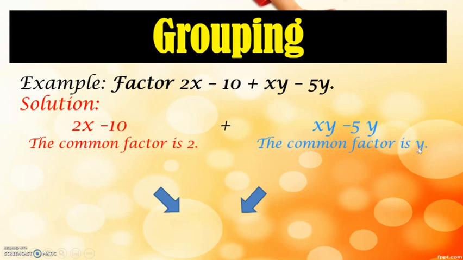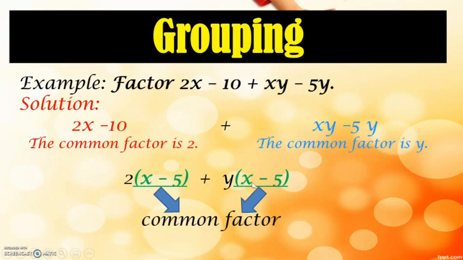So let us extract the common factor. So 2x minus 10 becomes 2 multiplied by x minus 5. Extracting y from xy minus 5y, we have y multiplied by x minus 5. So notice, we have our first term, we have our second term, and x minus 5 is the common factor for both terms.